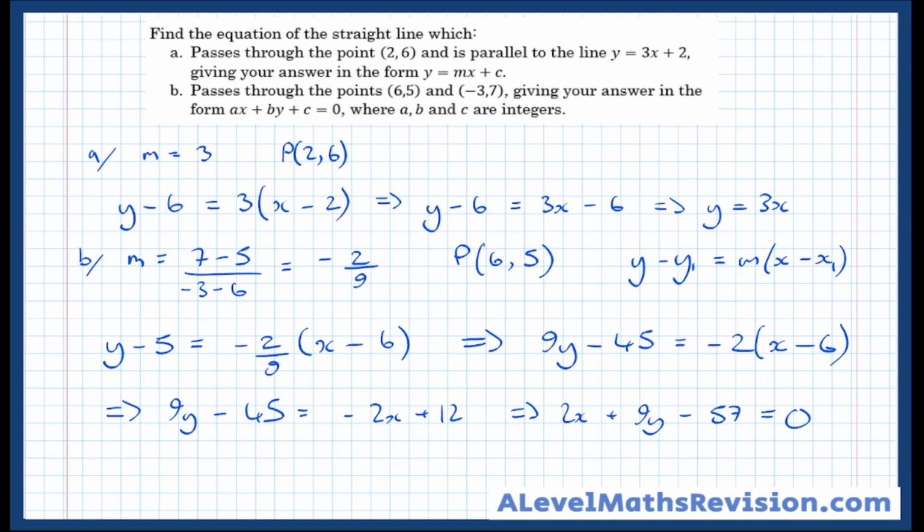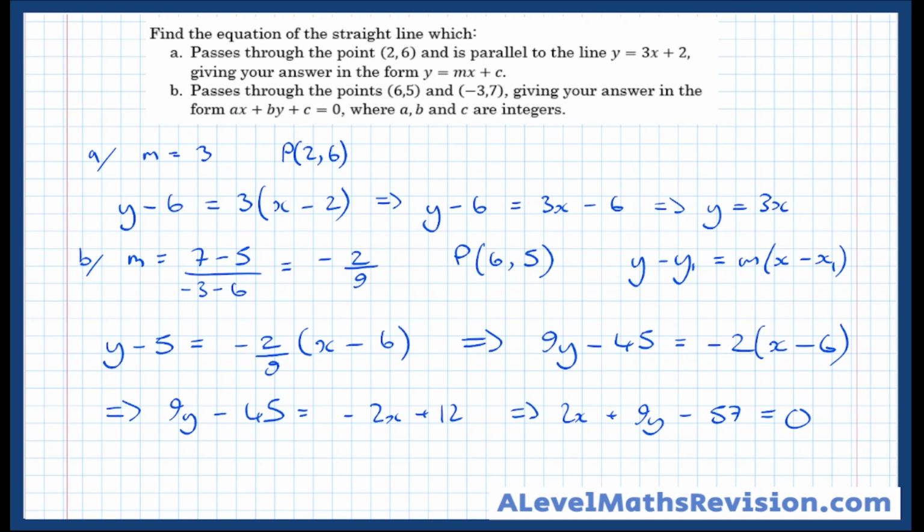And notice how I said a correct answer, not the correct answer, because there are actually an infinite number of correct answers. We could have this as any integer multiple of that. So if you want minus 2x minus 9y plus 57 equals 0, perfectly acceptable.